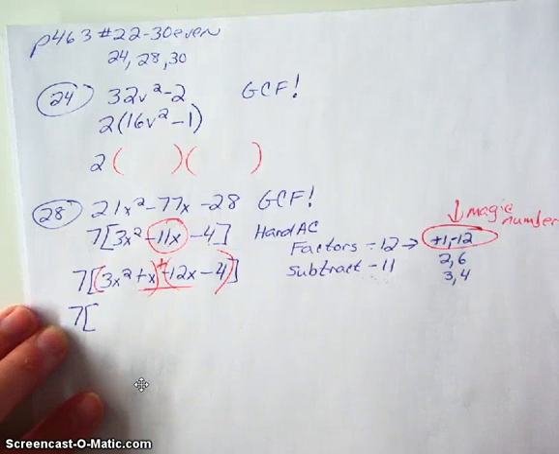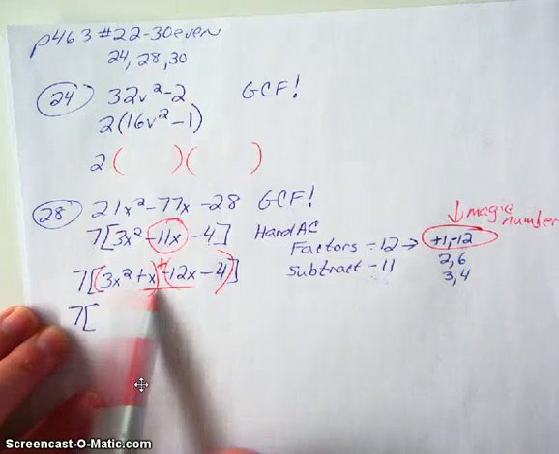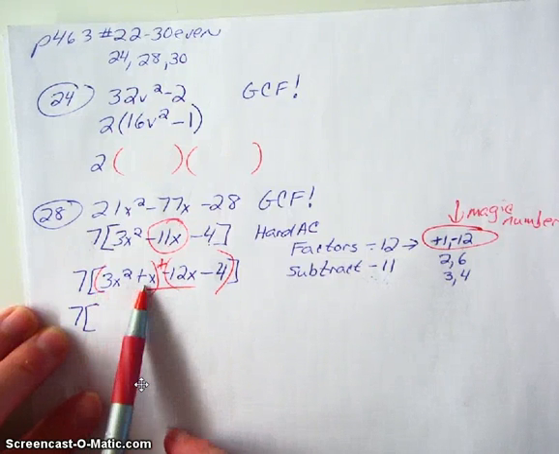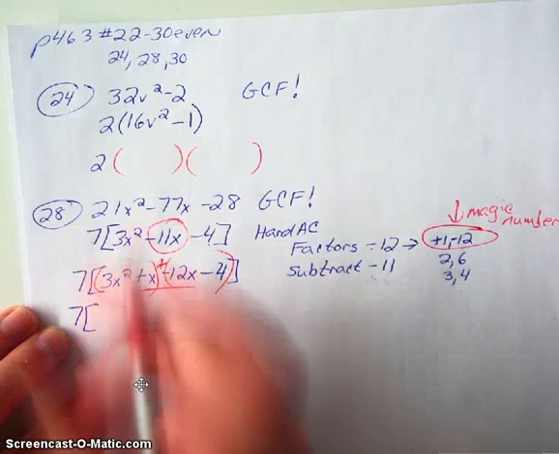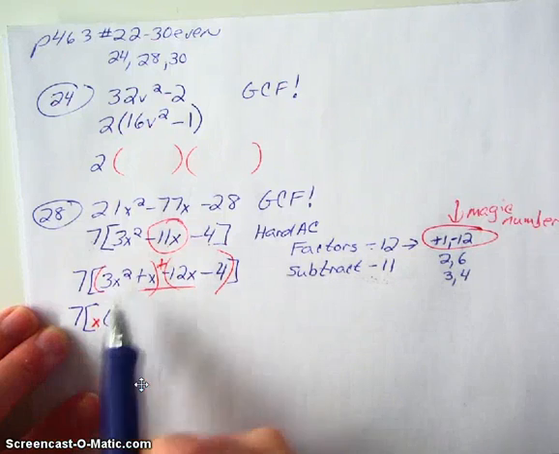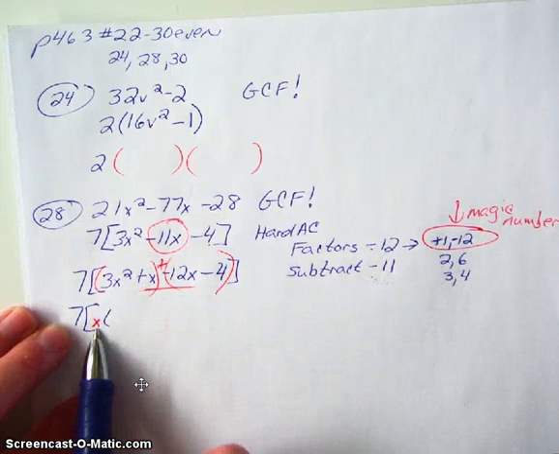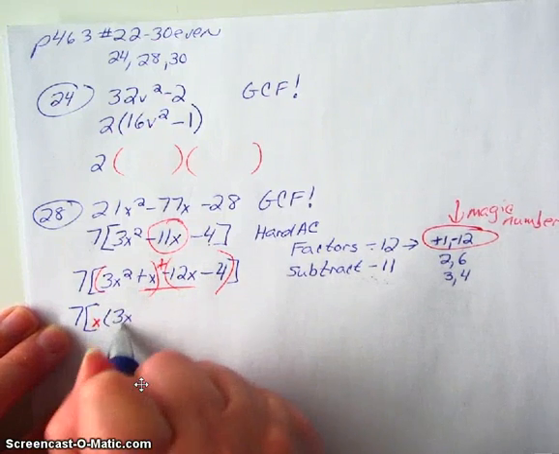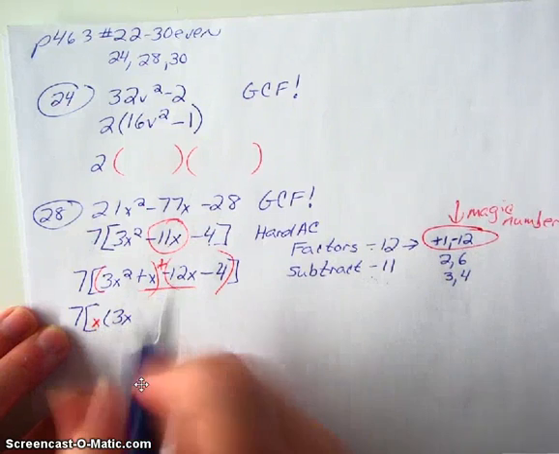All right, inside the parentheses, the GCF of the first group, okay, I've got a 3 and a 1. Well, only a 1 can come out of that, but I've got an x squared and an x, so x can come out of both of those two terms. So 3x to the second divided by x is 3x. X divided by x is 1.